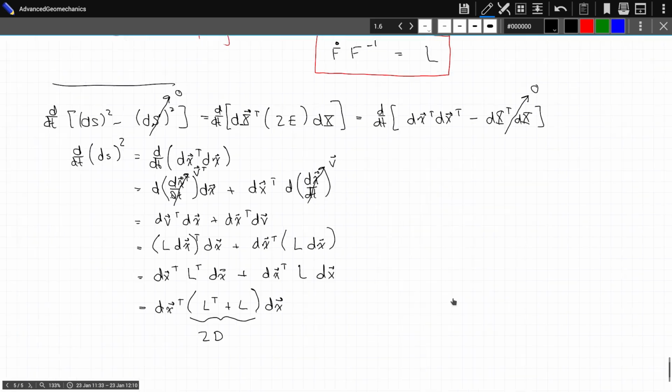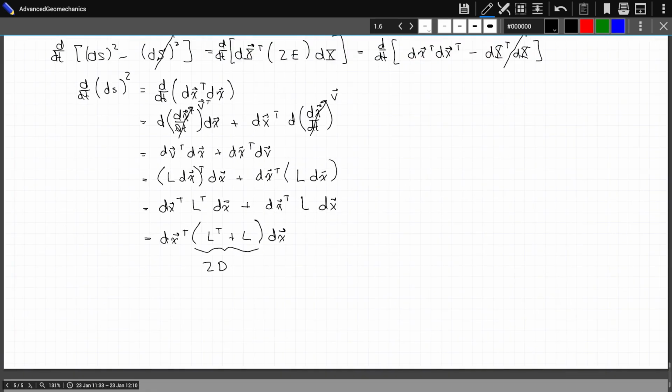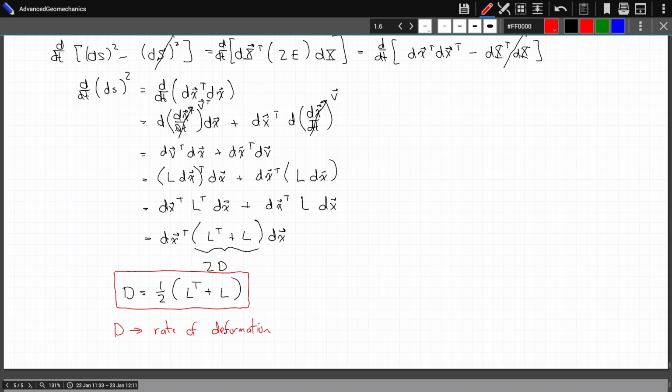D is equal to 1/2 (L transpose plus L). D is called the rate of deformation tensor.